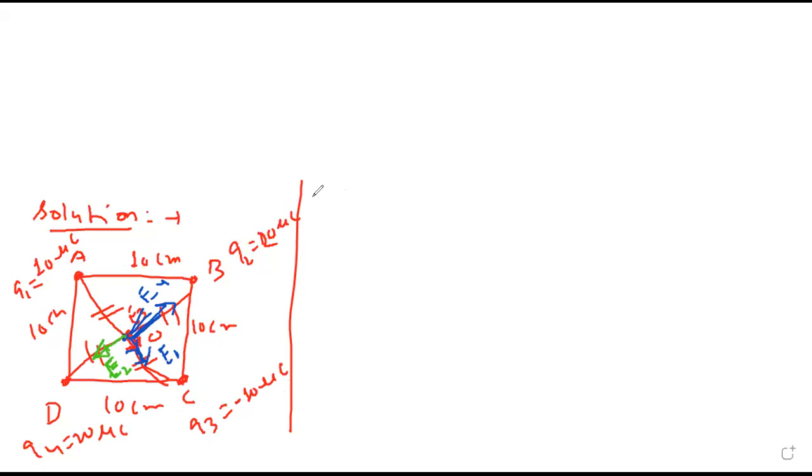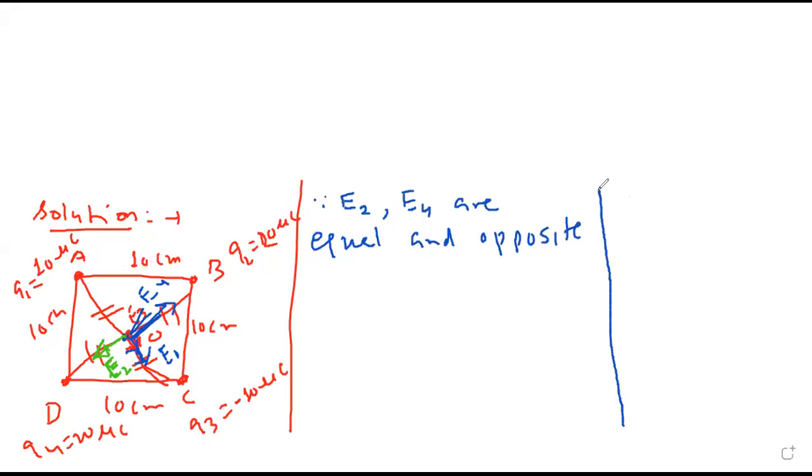Now see, since E2, E4 are equal and opposite. Without calculation also we can manage because magnitude same, direction ulta, so equal and opposite.